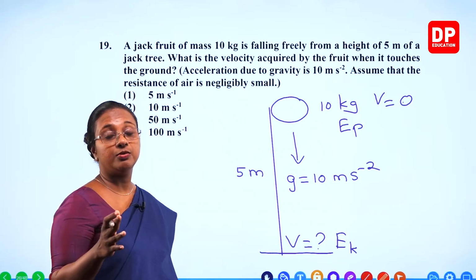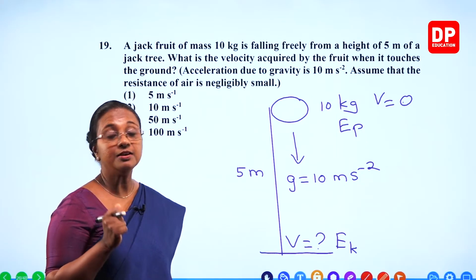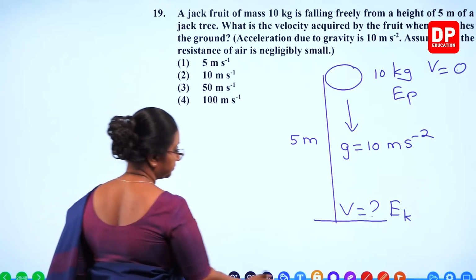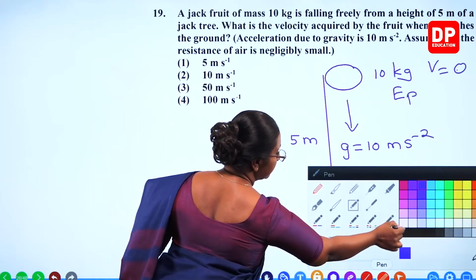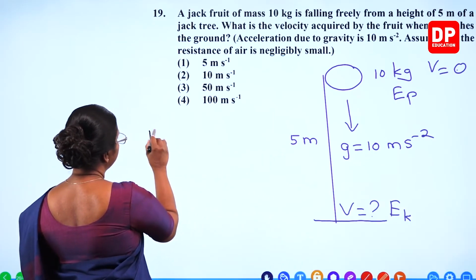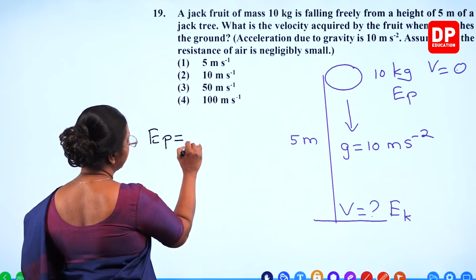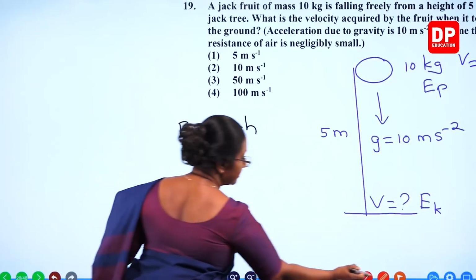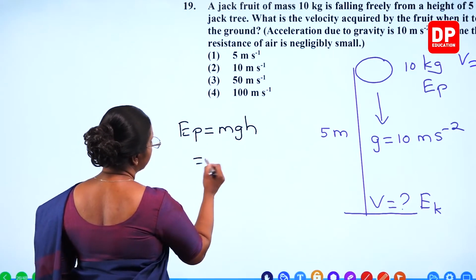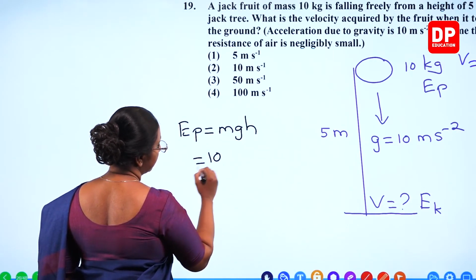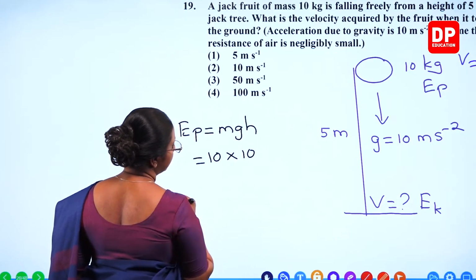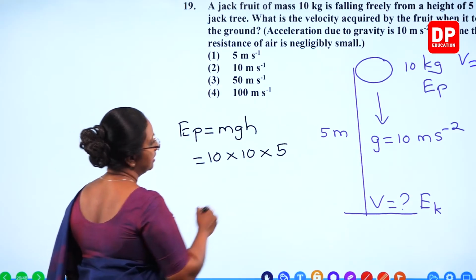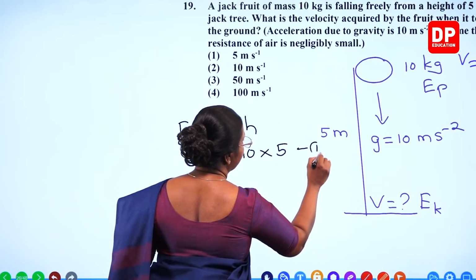Then you can find the velocity. Potential energy is equal to mgh. The mass of the fruit is 10 kilograms, gravitational acceleration 10, and the height is 5 meters. That is one equation.